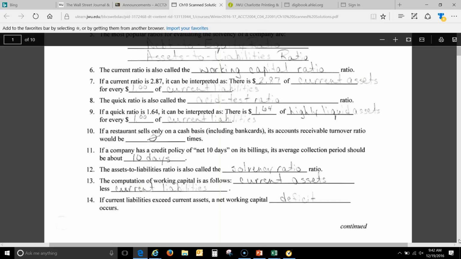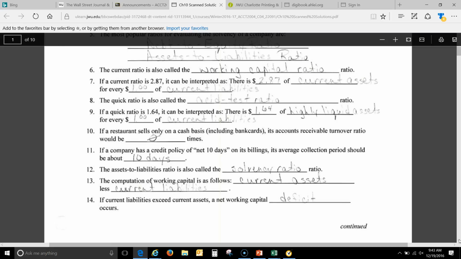Remember, when we're doing a quick ratio, for the numerator we're only doing cash, short-term investments, and what? Accounts receivable. Over current liabilities. What was the number they gave us? 1.64.